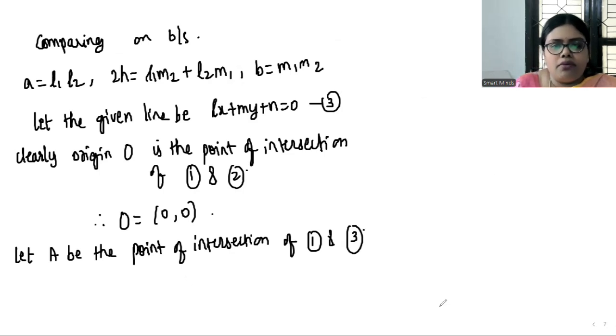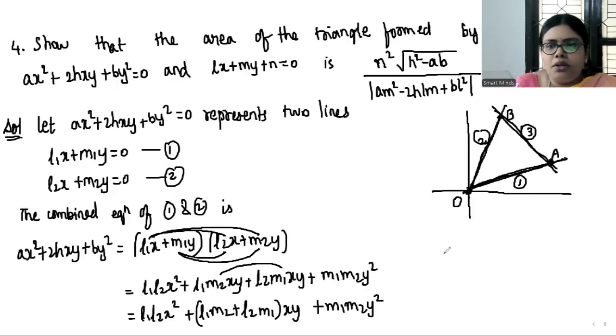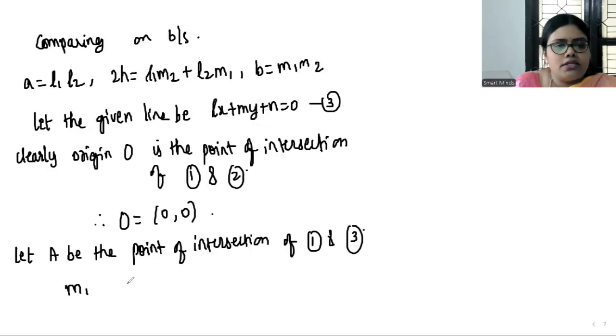From equation number 1, I'm using the cross multiplication method: first y coefficient, then constant, then x coefficient, then again y coefficient. Now in the third equation, coefficient of y is m, constant is n, coefficient of x is L, again y coefficient is m. Here we will write x, y, 1.